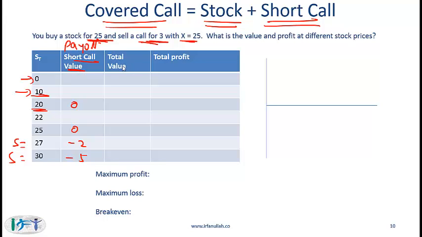To come up with the total value, what you need to do is take the value of the stock and the value of the short call. So 25 over here, and now you can fill out the rest of the numbers. To come up with the profit, what you need to do is look at the value and then subtract the amount that you paid for the stock and add the amount that you received when you sold the call option.